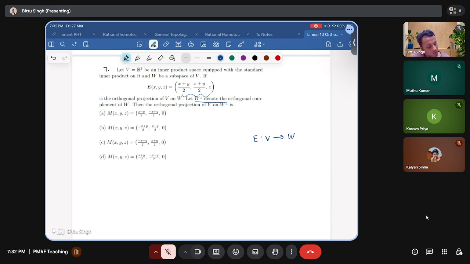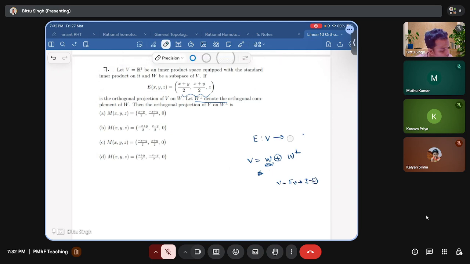So we have already seen that for this kind of orthogonal projection, V can be decomposed as W plus W perp. Moreover, if the orthogonal projection is given, then W is the range of E. We have already seen that every vector can be written as EV plus (identity minus E)V.